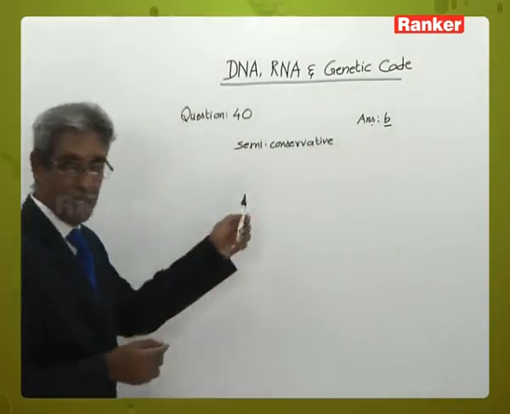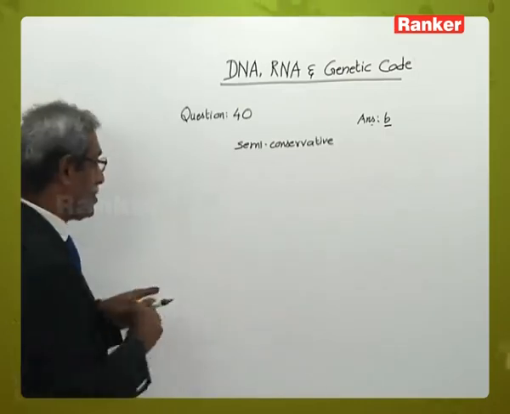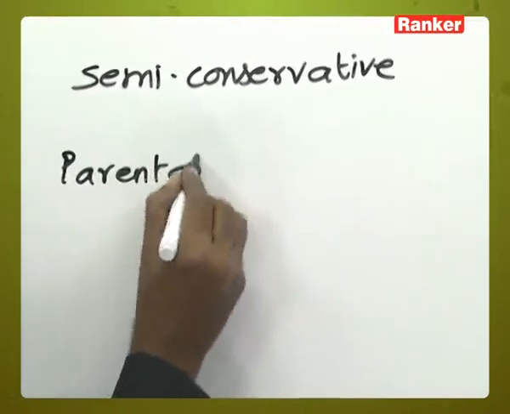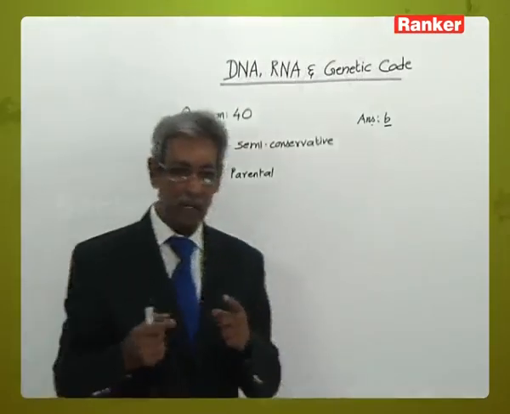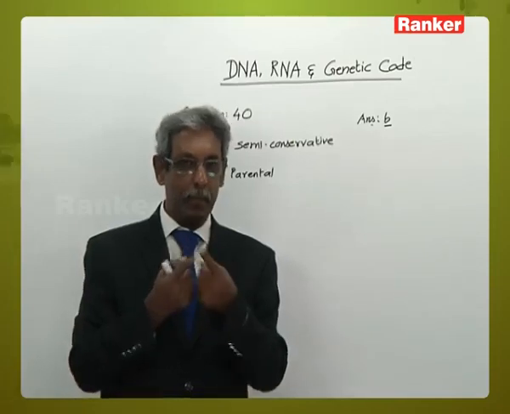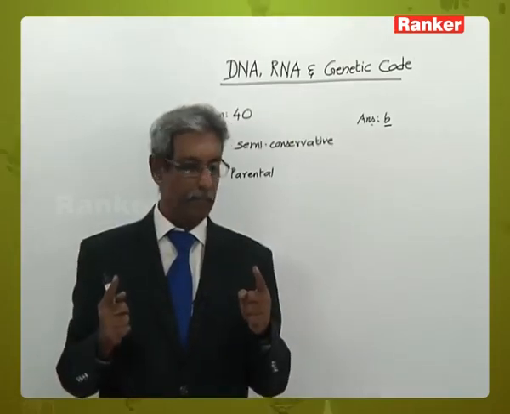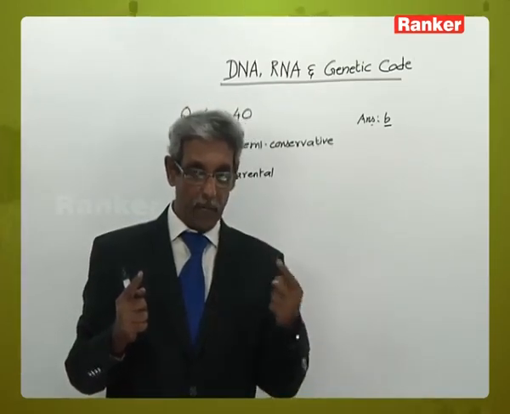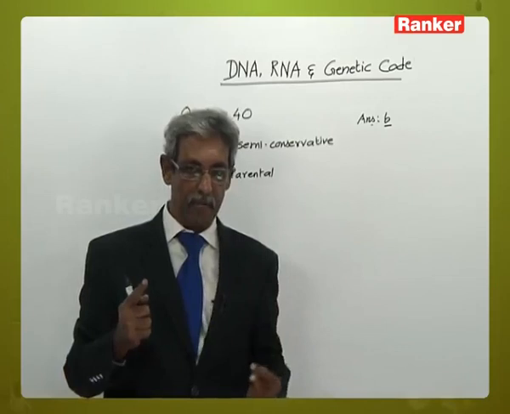Now, when you say semi-conservative, it means we have one parental strand. Imagine the DNA to be made up of a red ribbon and a blue ribbon. The red and the blue ribbon separate. The dark blue ribbon synthesizes another daughter DNA, which is a light blue strand.